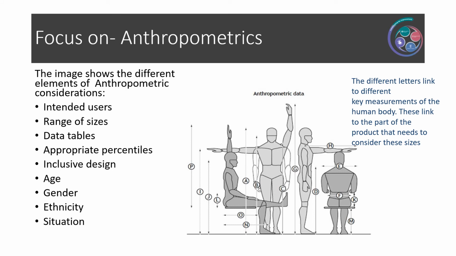There are data tables which tell you the individual sizes of each of these body parts. There are appropriate percentiles. It talks about inclusive design. You may also have to consider things like age, gender, ethnicity, and the situation in which it's being used. The different letters link to different key measurements of the human body, and those would have to be linked to the product that needs to be considered.